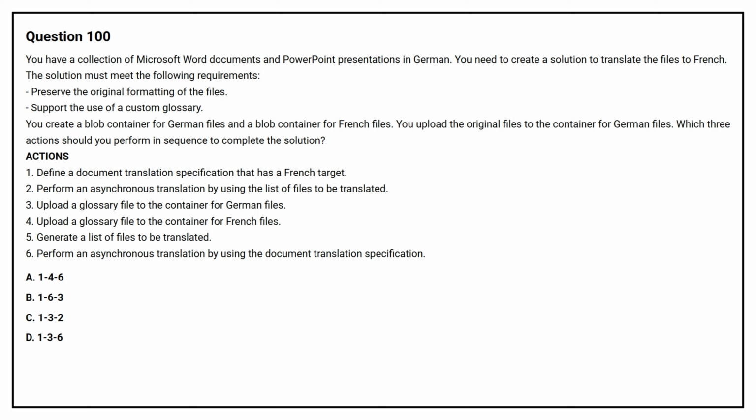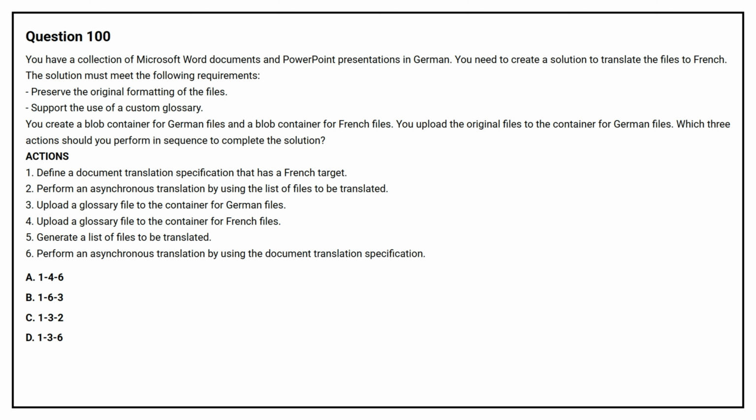1. Define a document translation specification that has a French target. 2. Perform an asynchronous translation by using the list of files to be translated. 3. Upload a glossary file to the container for German files. 4.